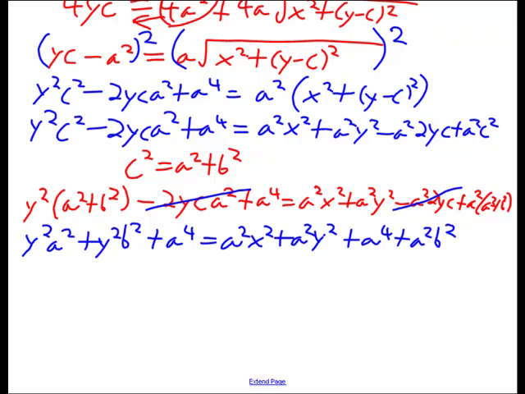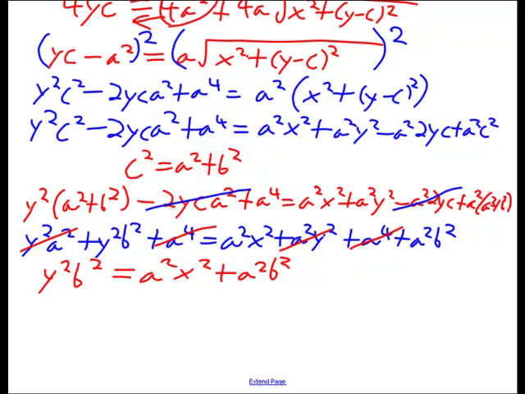And now let's see what else we can cancel. We have a to the fourths on both sides that will cancel, and we have an a squared y squared on both sides that will cancel. So then we have y squared b squared equal to a squared x squared plus a squared b squared.